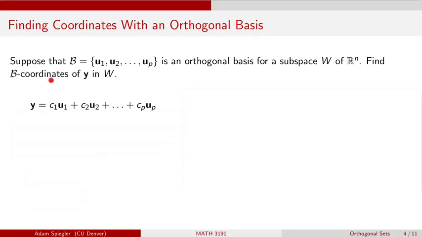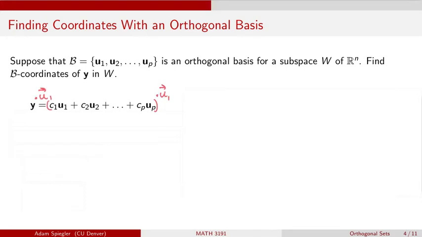So recall that the B coordinates of y are the weights that we can use to combine the vectors u1, u2, up to up in our basis in order to get the vector y back. So we want to find values for c1, c2, up to cp that are going to give us these B coordinates for y.